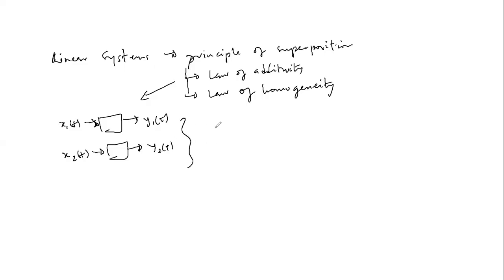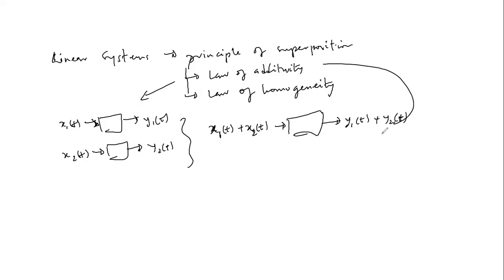According to the law of additivity, should we transmit the sum of these two separate signals, S1 of t and S2 of t, and then derive an output that is equivalent to Y1 of t plus Y2 of t, then we will say the law of additivity applies, and then we can say this system is linear.